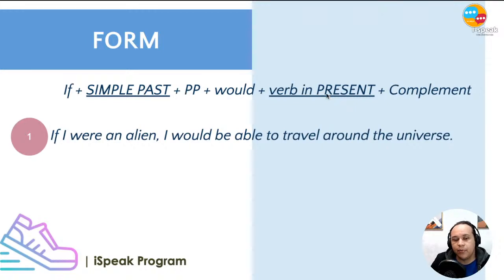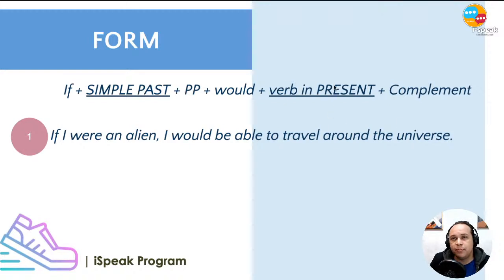So another example: if, simple past, where, if I were an alien, imagination, I'm not an alien, I'm a human being. I would be able to travel around the universe, imagination. I cannot even take a plane right now because of the situation, obviously, right? So if I were an alien, I would be able to travel around the world.